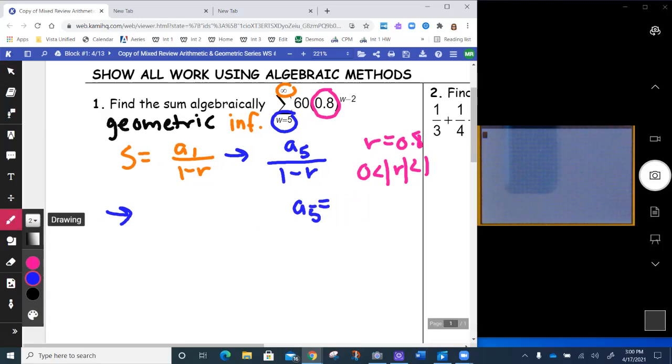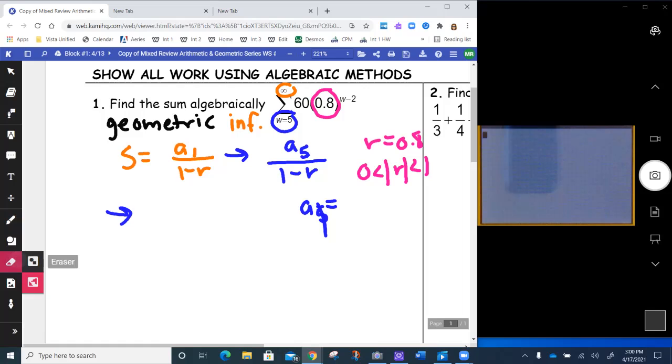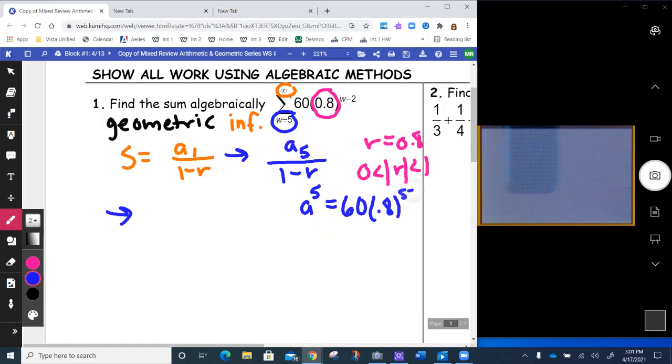When I put 5 into the equation, I am going to end up getting 60 times 0.8 to the 5 minus 2. And if I put that in the calculator, 60 times 0.8 raised to the 5 minus 2, or 3, I end up getting 30.72. So that is my A sub 5.